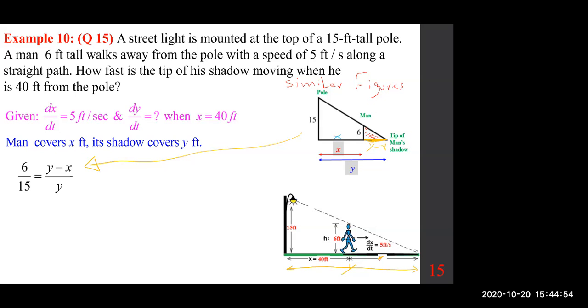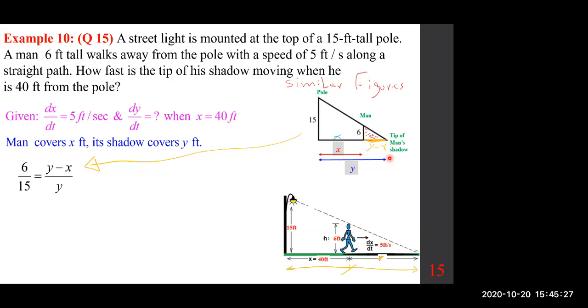The small triangle has the sides y minus x and 6. The big one, corresponding to 6, has a side 15. Corresponding to the little side y minus x is this whole thing, which is y. I hope everybody understands what's happening.